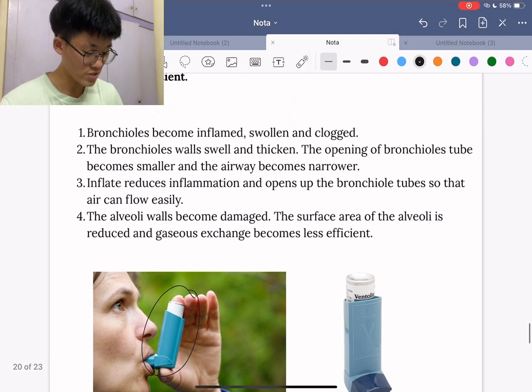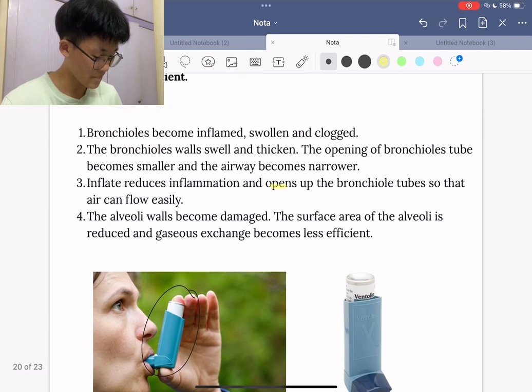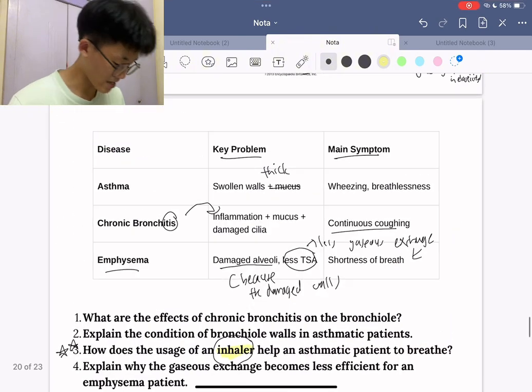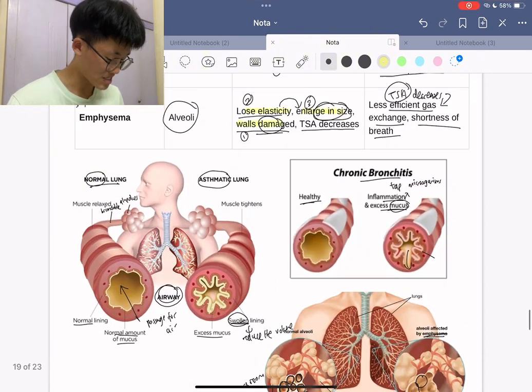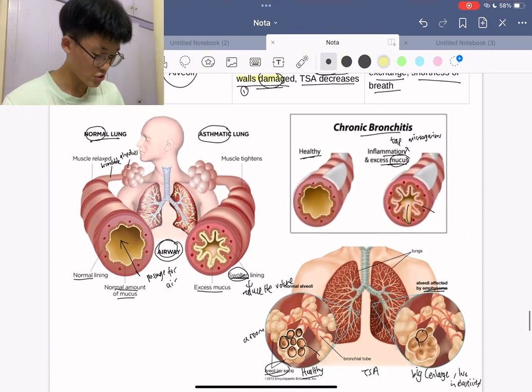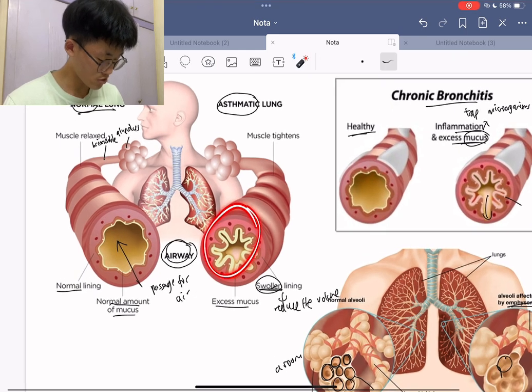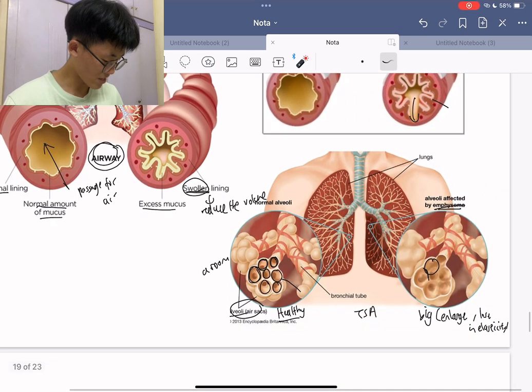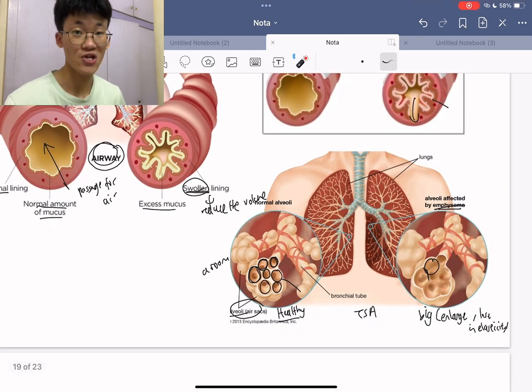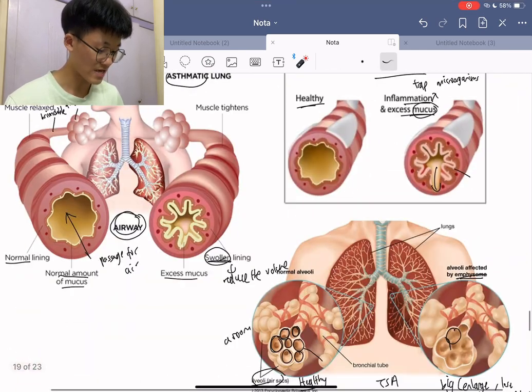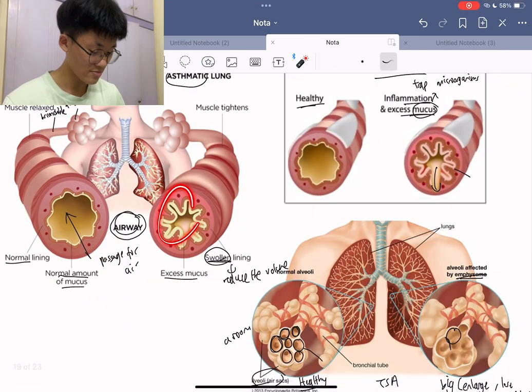So you need to know that the inhaler opens up the bronchial tubes. For example, you can see that for all of the diseases here, it actually reduces what? It actually reduces the airway. It actually reduces the gaseous exchange. You see, it becomes narrow.